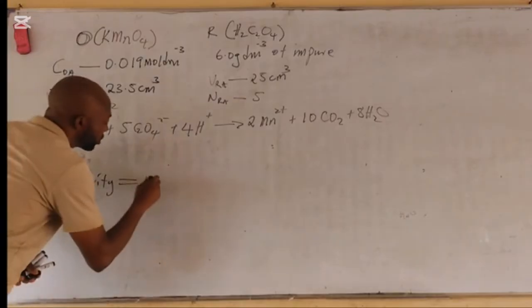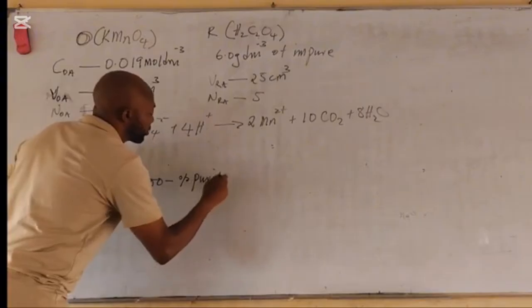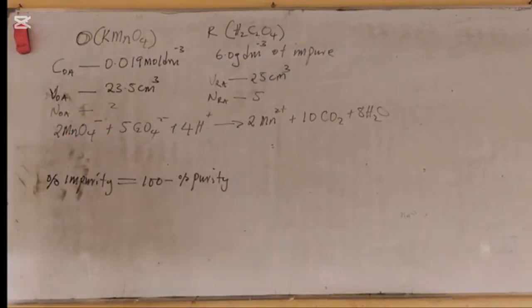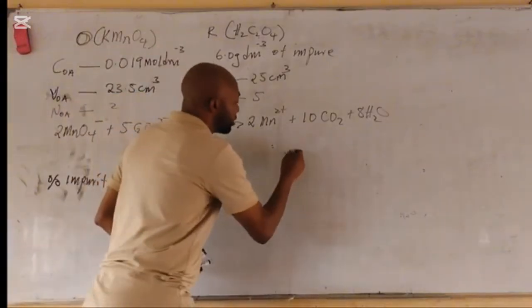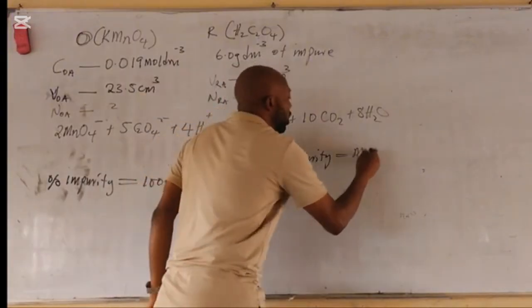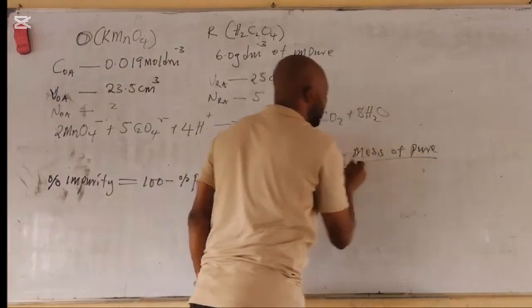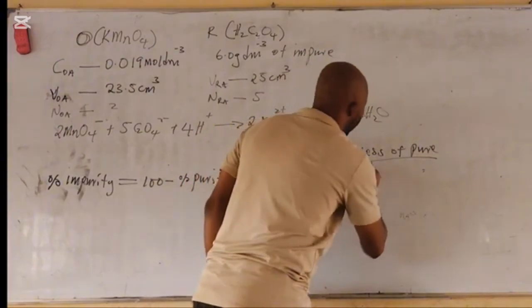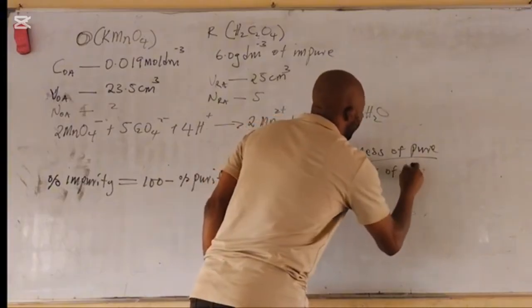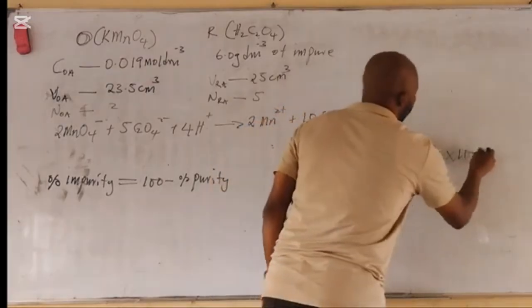is equal to 100 minus percentage purity. Which means that we must know our percentage purity. And the percentage purity formula says mass concentration of pure ethanedioic acid over mass concentration of impure ethanedioic acid times 100.